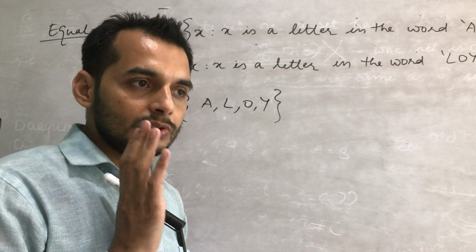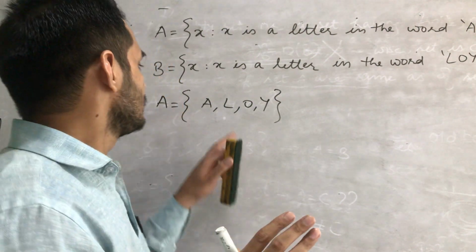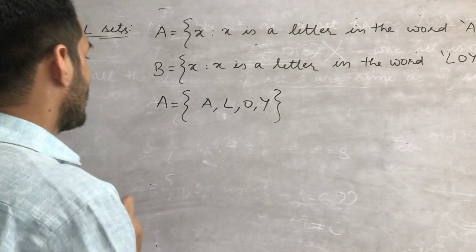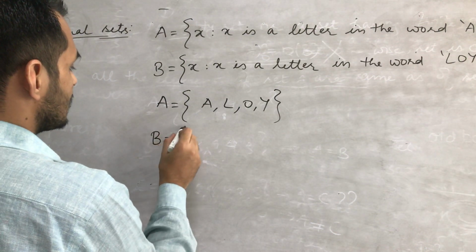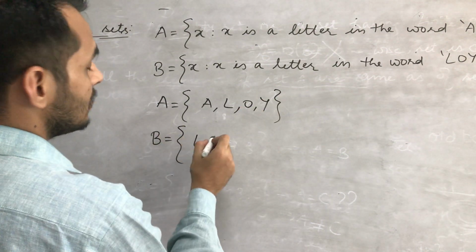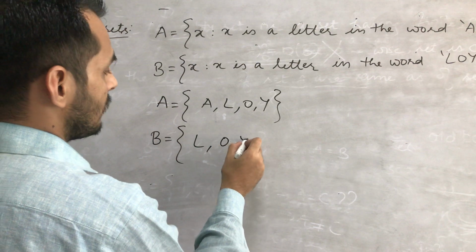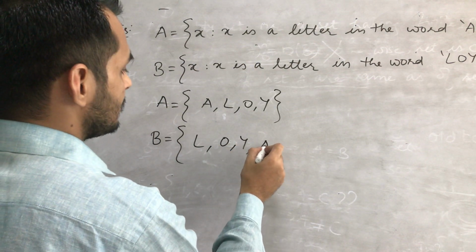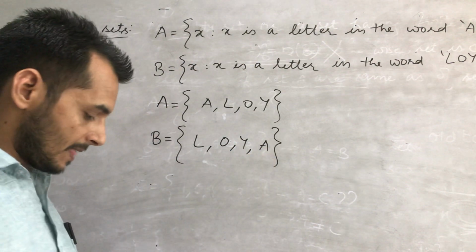Now coming to B, we can write it like L, comma O, comma Y, comma A.